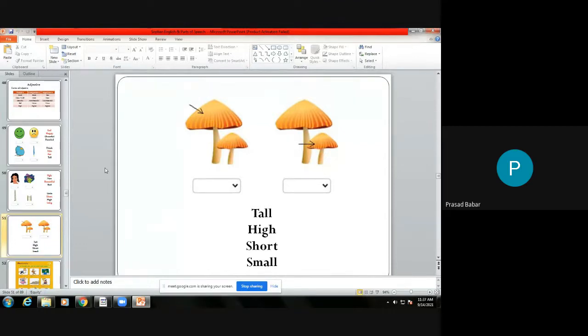And in the next image, they have pointed out the short mushroom, okay. So we will use short as an adjective.